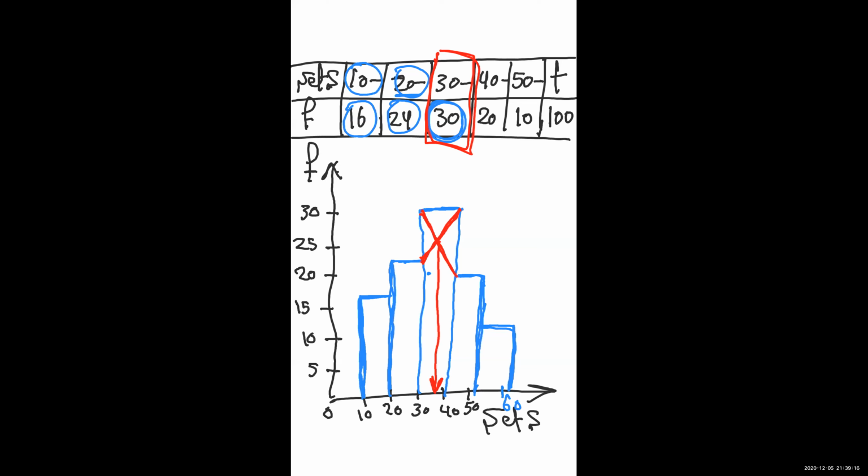Actually, guys, if we check this point exactly on the drawing, if we draw on a graph paper, it will be 34. So approximately it will equal 34. So now the mode equals approximately 34 marks. That's it.